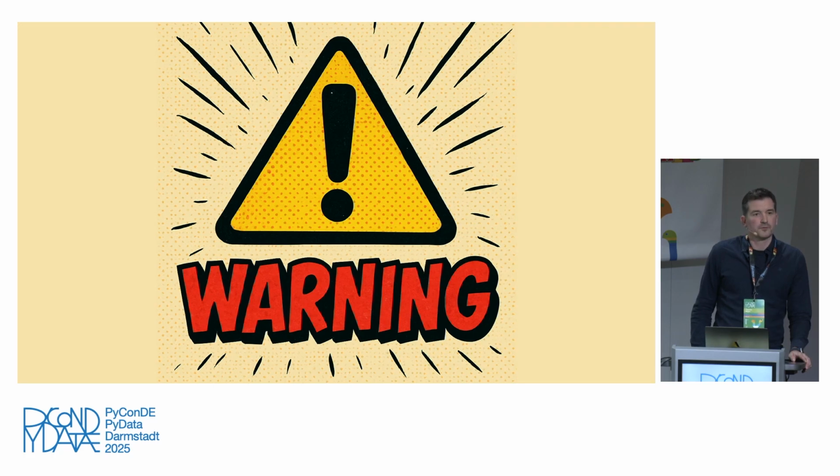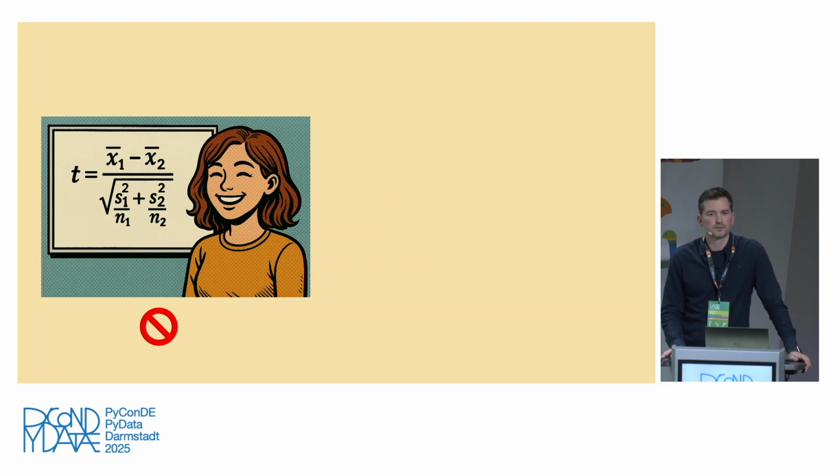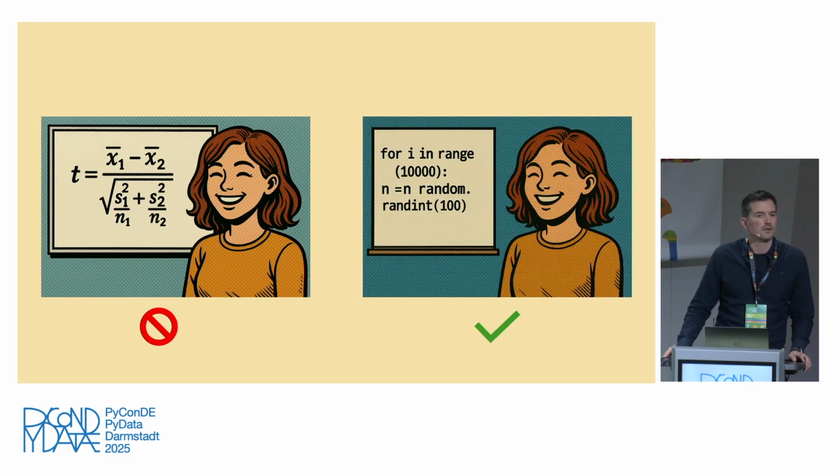So just a warning up front. The target audience of this presentation is not so much people who are very much into statistics. These are also not the people I usually talk to when it comes to decision making. It's more about people who feel more comfortable in other areas, and in this presentation I want to focus on software engineers. If you're more familiar with for loops and random number generators, then there is something to take out of this presentation for you.